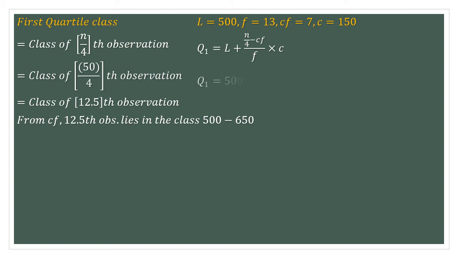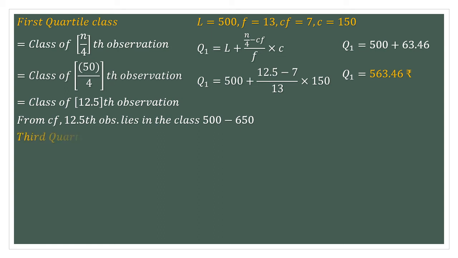L is 500, so 500 plus (12.5 minus 7) divided by 13, into 150. When I solve this, I get 63.46. That is, Q1 will be 563.46 rupees. So the first quartile value is 563.46 rupees.